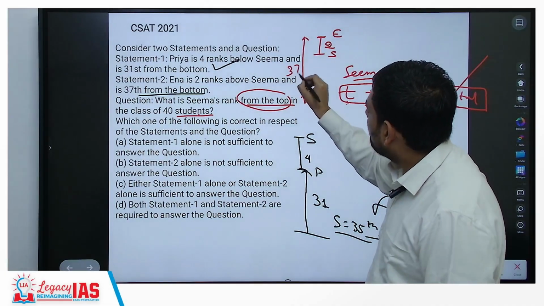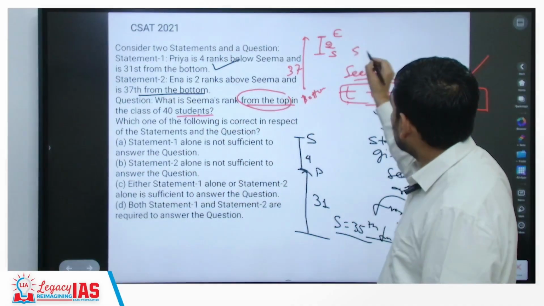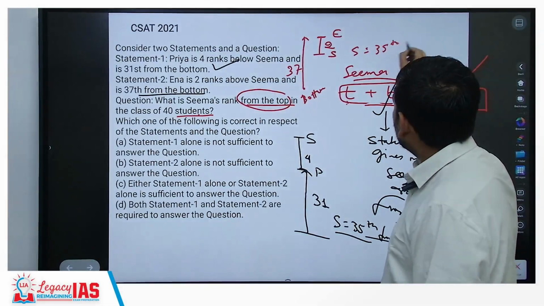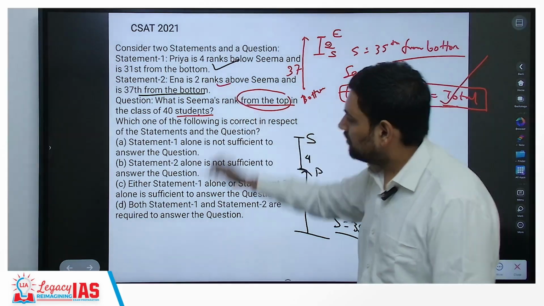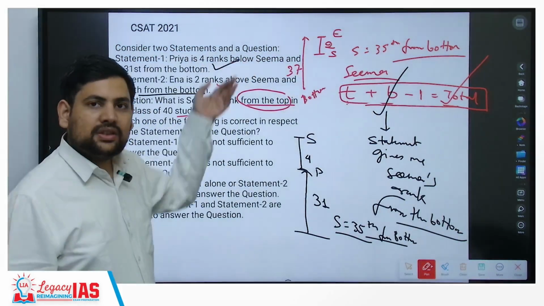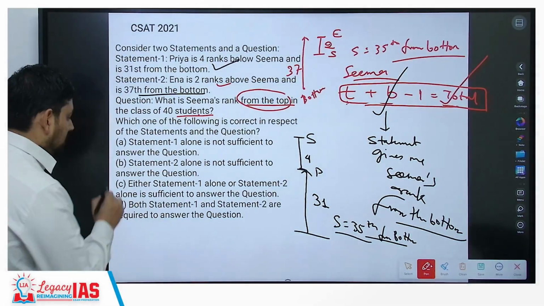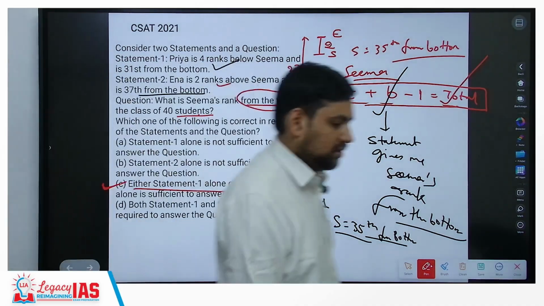Now Seema is 2 ranks below her, so what is Seema's rank? Seema's rank is again 35th from the bottom. This is what you wanted. So this statement is also correct. That means statement 1 alone is enough, and statement 2 alone is enough. The answer becomes C: either of these statements alone is enough to answer the question.